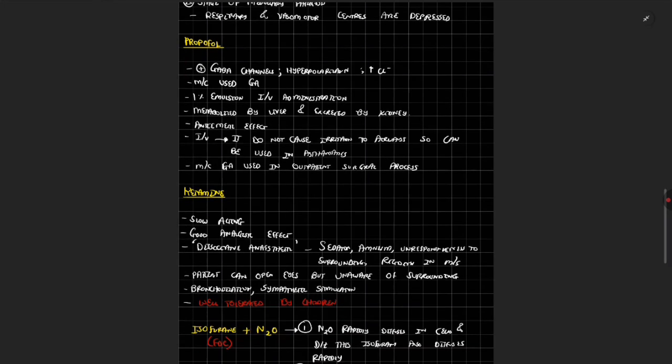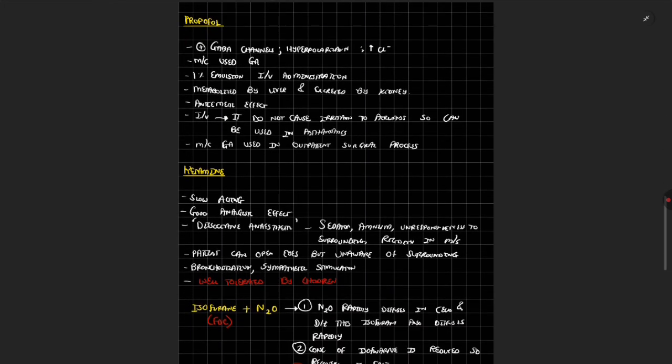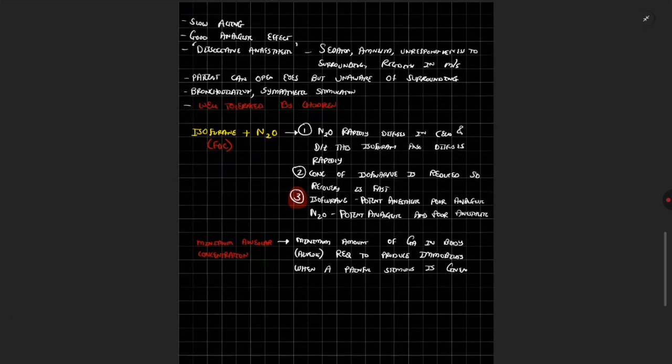medullary paralysis. Then we saw propofol, ketamine, the fixed dose combination of isoflurane plus N2O, where the reasons were the synergistic effect: N2O rapidly diffuses and it also helps isoflurane to diffuse. Then the dose requirement is less, so recovery is faster.